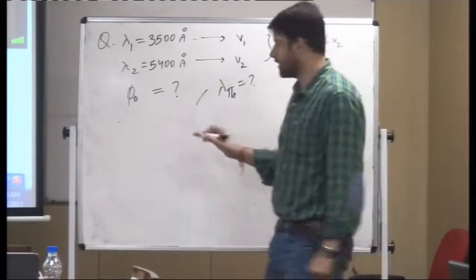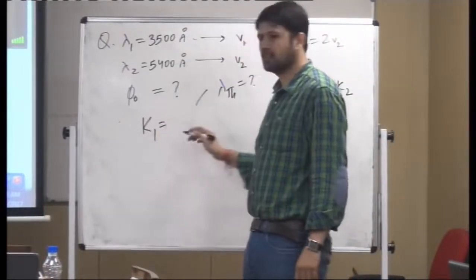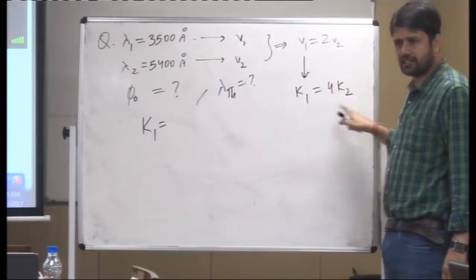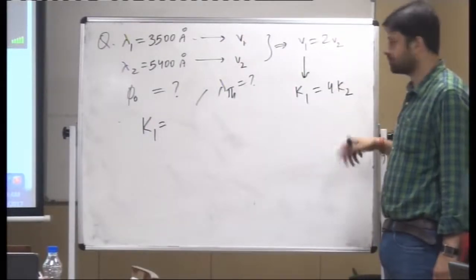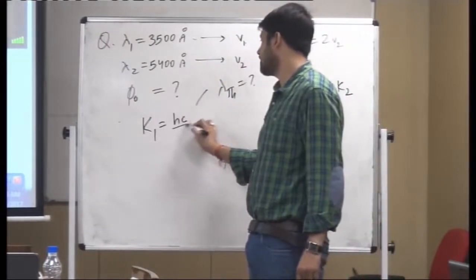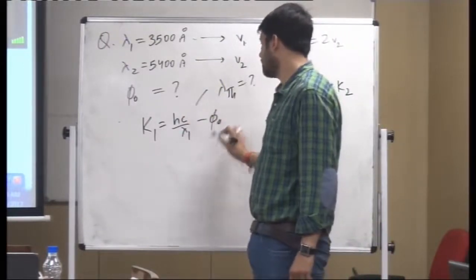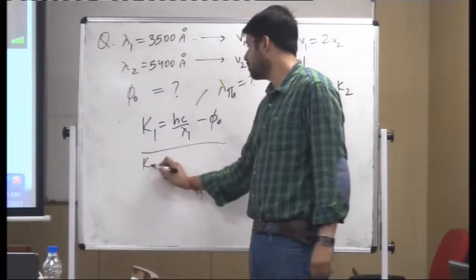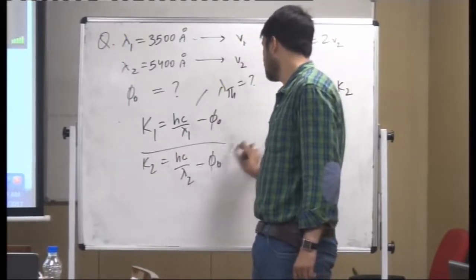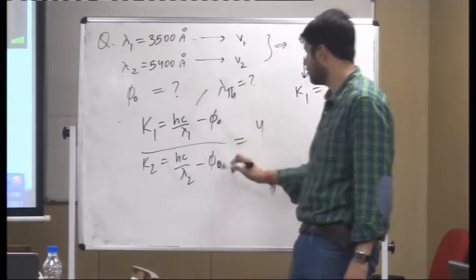For the first case, kinetic energy is, you can check, since the speeds are double, the kinetic energies should have a ratio of 4. So for the first case, K1 is hc by lambda 1 minus phi naught. For the second case, K2 is hc by lambda 2 minus phi naught. The ratio is 4.